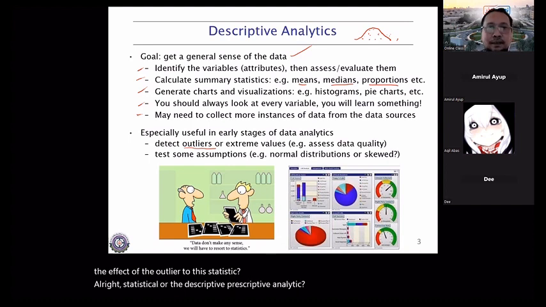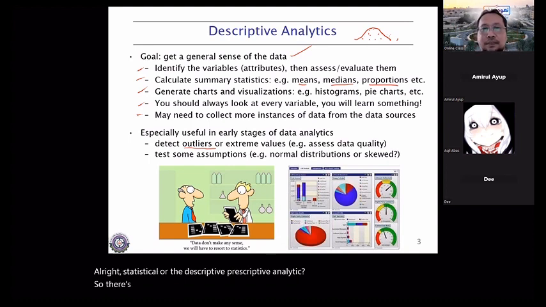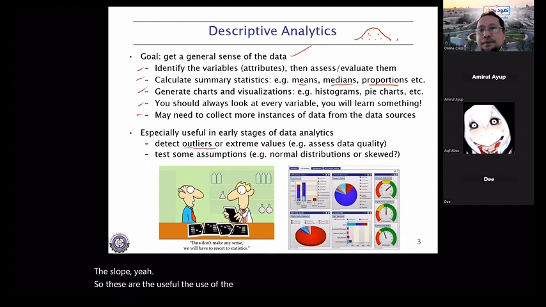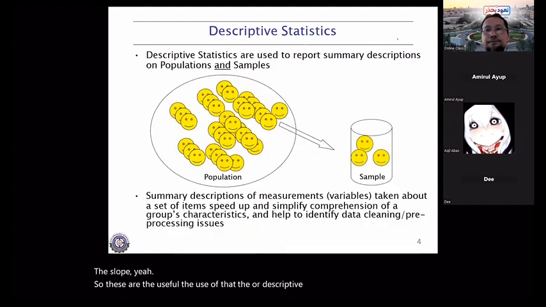So we test some assumptions, for normal distribution or skewed, for the slope. These are the uses of the data in descriptive analytics.